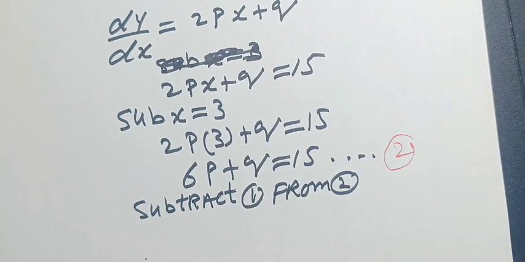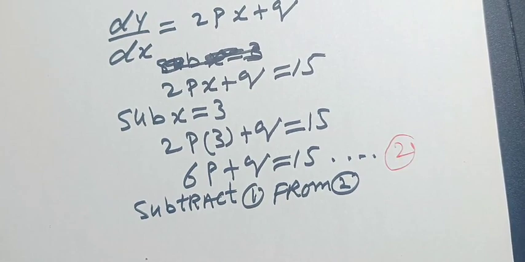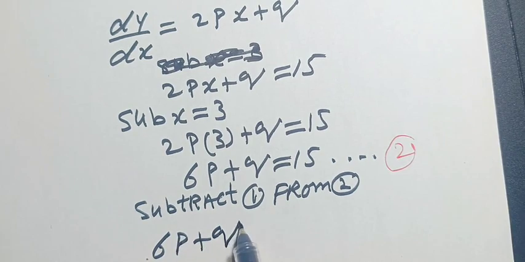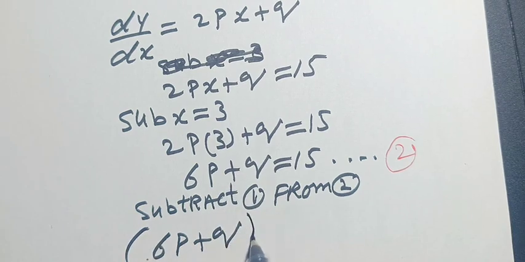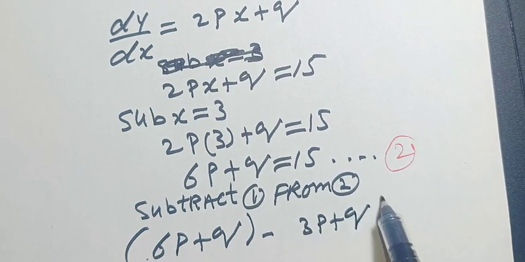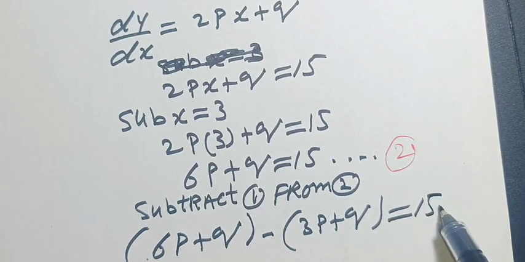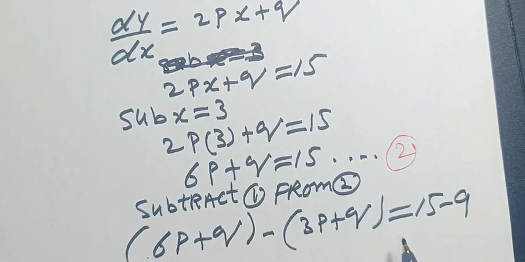But you can also solve by the substitution method. So we got 6p plus q, this is from 2. We're going to subtract number 1 from number 2, so 3p plus q, and obviously 15 minus 9: variable with variable, constant with constant.